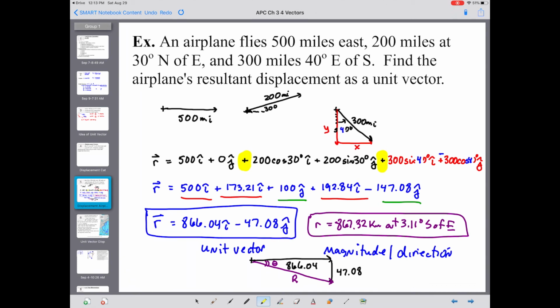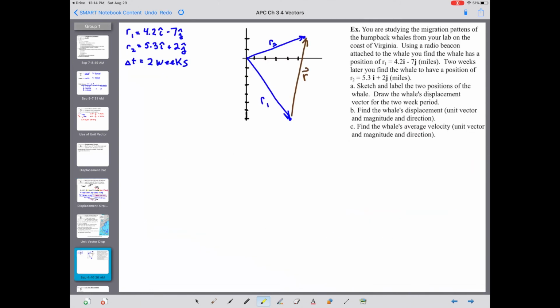We combined those because the airplane had moved through those. If we think along the same lines, if we were to add here R1 plus R2, I'm just going to pick up R2 vector and move it down there. Well, adding them together would get us out there. That's nowhere near where the whale is actually located. So we do not want to do an addition.